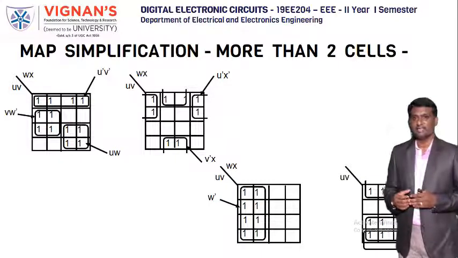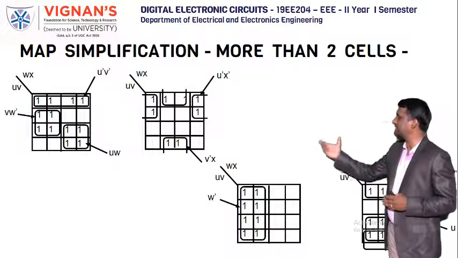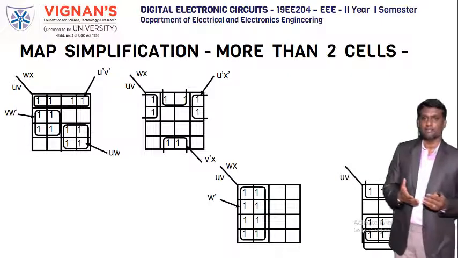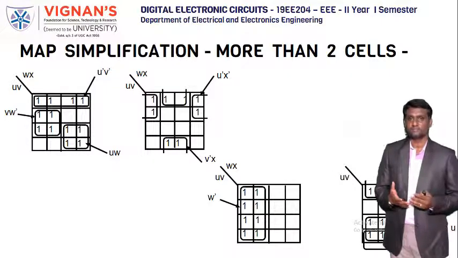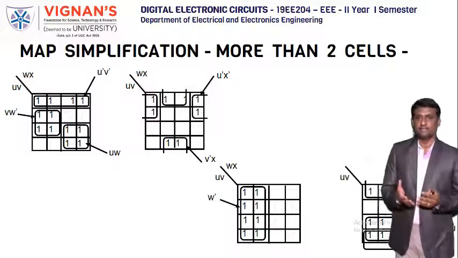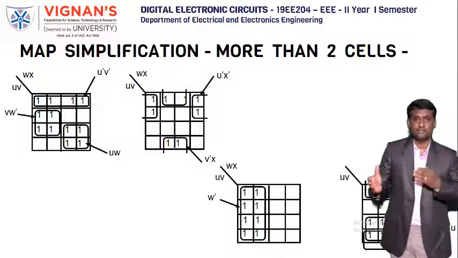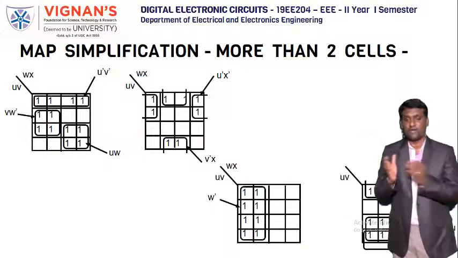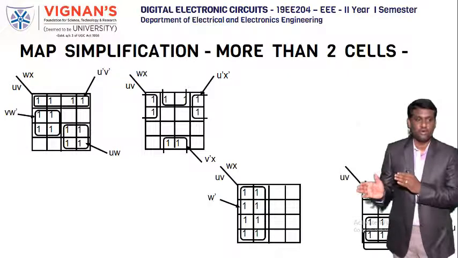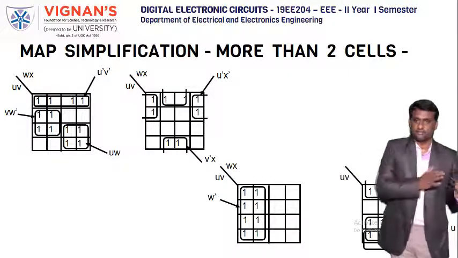If I combine all those 4 ones which are adjacent to each other, the common variables are from U and V. From the rows there is no common variable, because from one row to another row a 1 bit difference exists. That's why there is no common variable row wise.